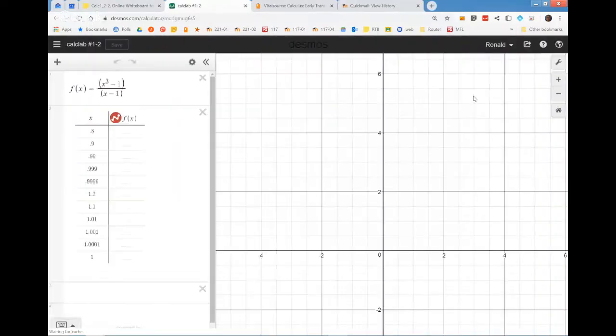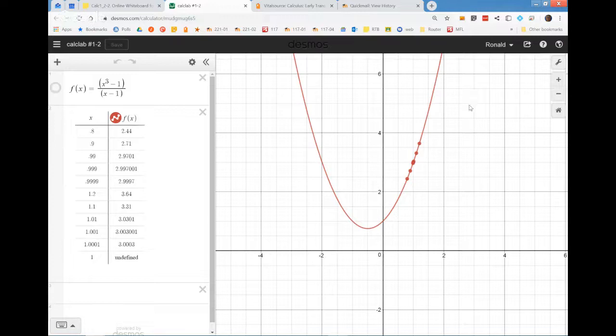Let's take a look at this function in Desmos. This is a rather normal looking second degree equation. Here are the points as x is approaching 1, and it looks like the intended height would be 3 right here.